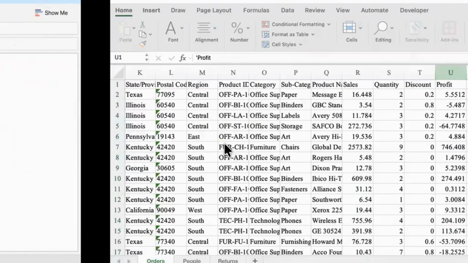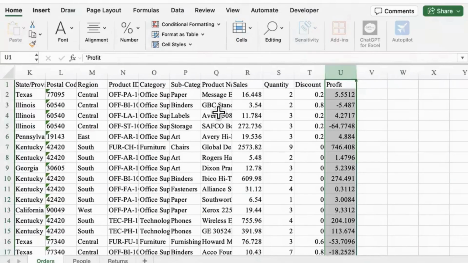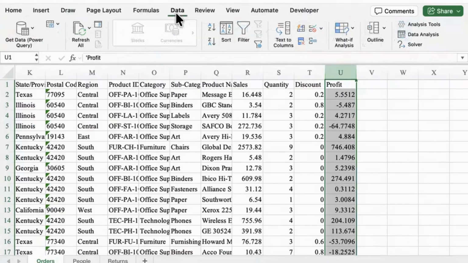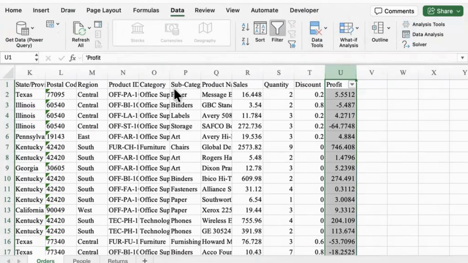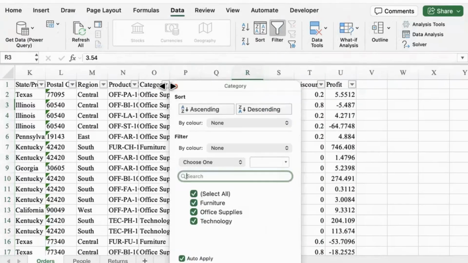So over here, rather than looking at the overall profit, what exactly is happening now is it is looking at one category at a time. Rather than looking at the entire data, imagine this to be a big block.